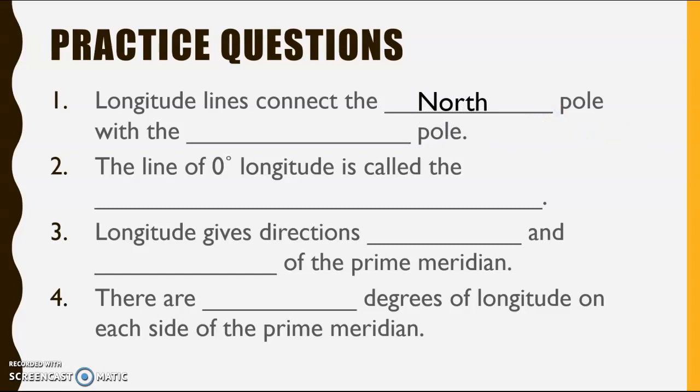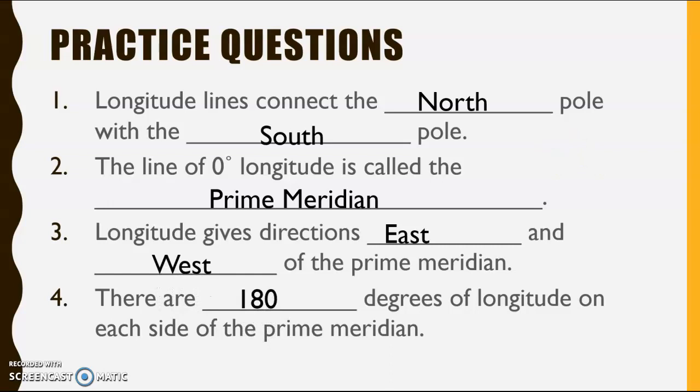Longitude lines connect the North Pole to the South Pole. The line of zero longitude is the prime meridian. It gives directions east and west of the prime meridian.